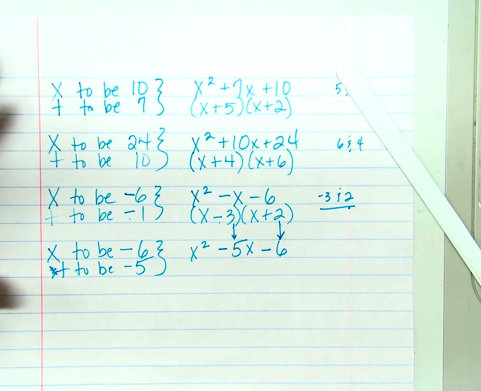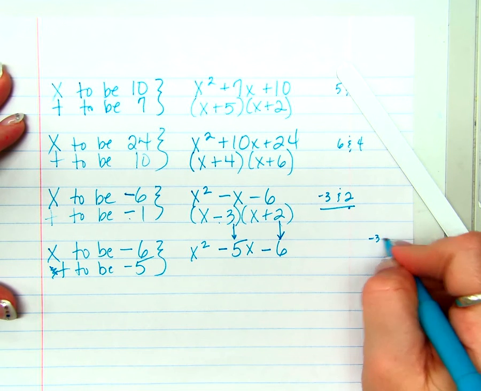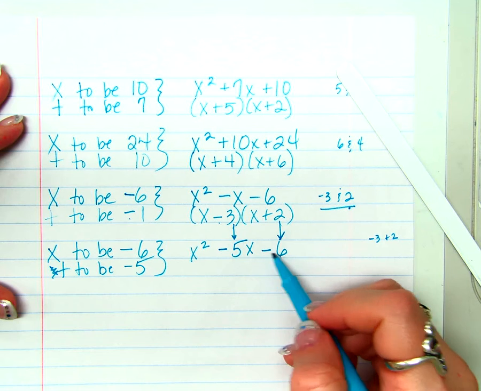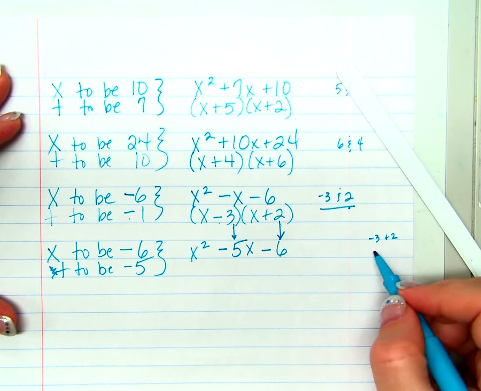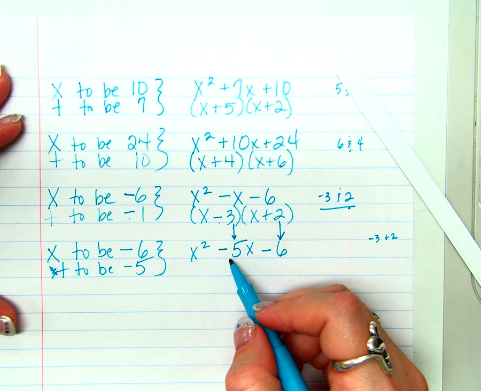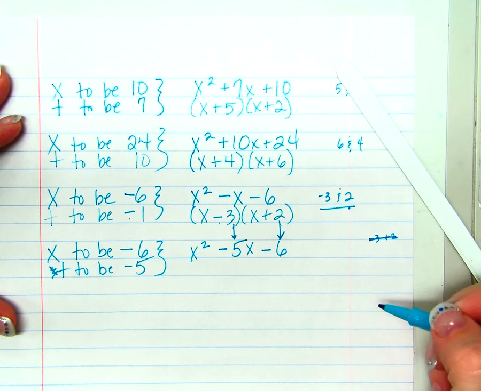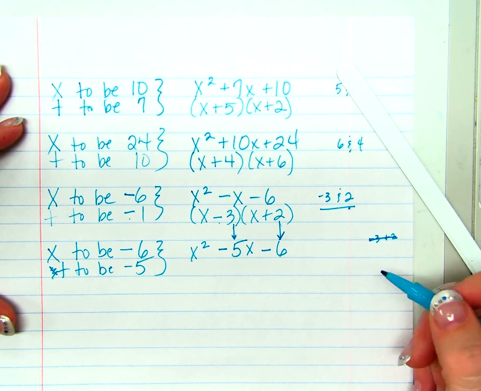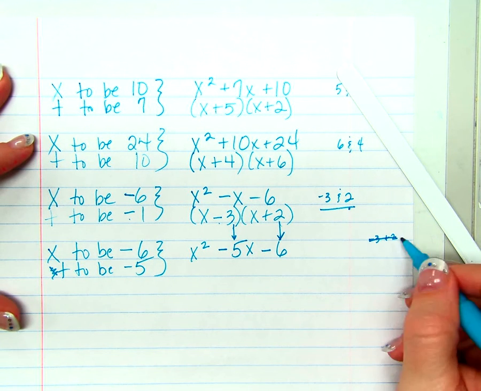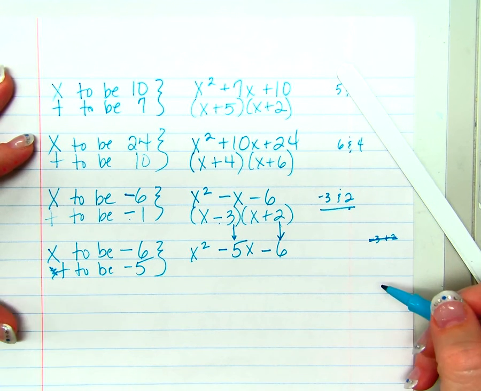Okay, hold on, time out. Somebody said negative 3 and positive 2. Negative 3 and positive 2 do multiply to be negative 6. I agree with that. But negative 3 and positive 2 don't add to be negative 5. So that can't be it. That's why I crossed them out. It doesn't work.